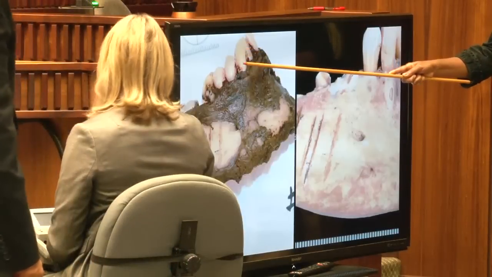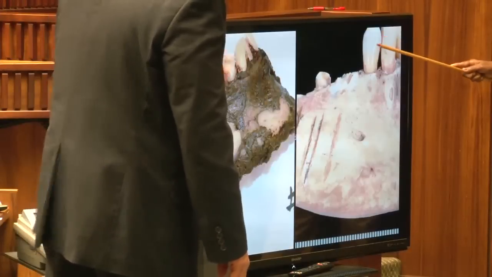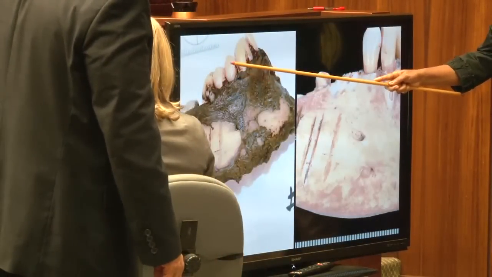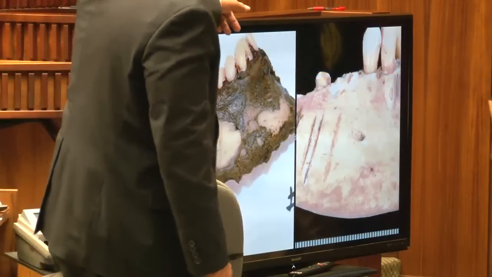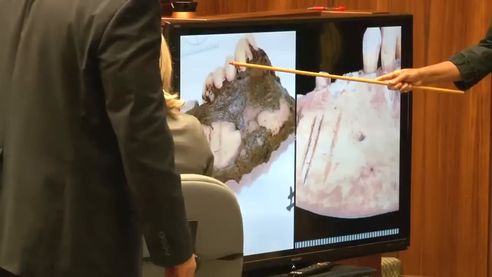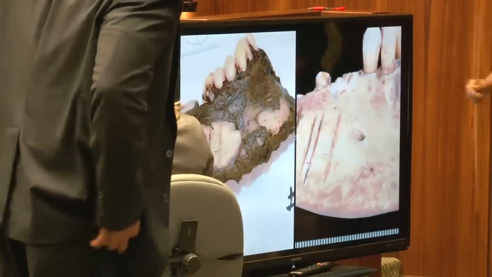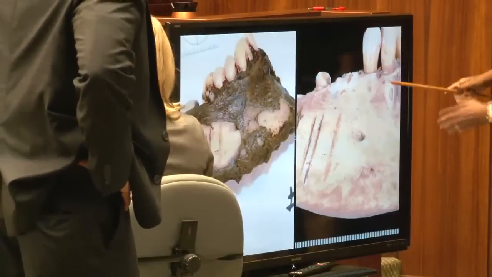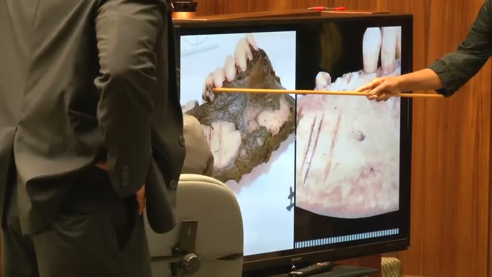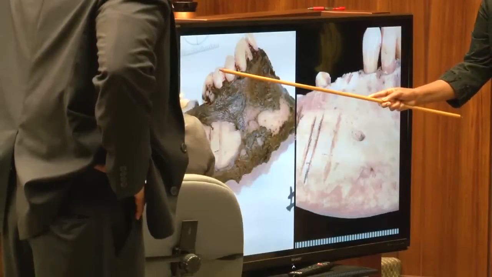And you're pointing to the third tooth from the right, is that correct? Yes, this is the third tooth from the right, and that corresponds to the third tooth from the right here. Okay, and the fourth tooth from the right in State's Exhibit 232. Fourth, yes, on that picture. But this is an enlarged picture, so the one tooth that has fallen is the fifth tooth from the right.